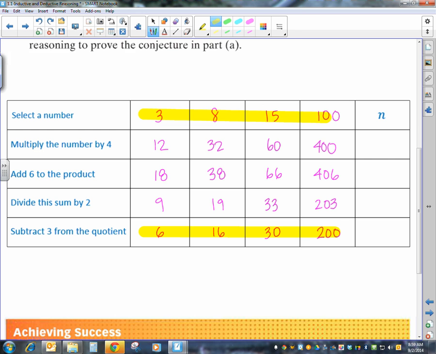So hopefully you can see from that that the result is, let me hear you say it. You got it. The result is 2 times the original number. Now, let's look at that in a general sense.